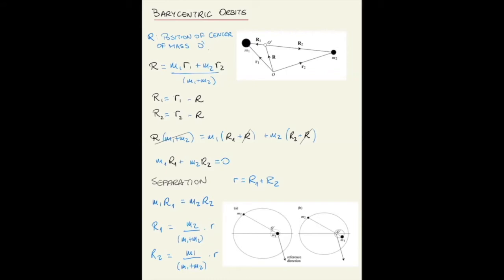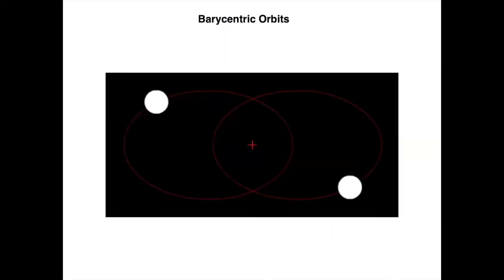A coordinate system referred to the central mass is called a barycentric system. This is an example of barycentric orbits.